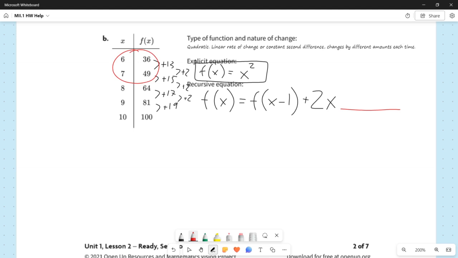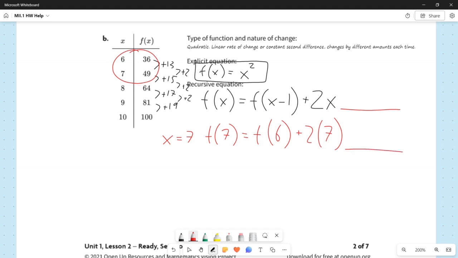So our recursive equation, let's just say x equals 7. Well, then what we have is f of 7 equals f of, well, 7 minus 1 is 6, plus 2 times, now remember, we're letting x equal 7, so this becomes a 7 here.